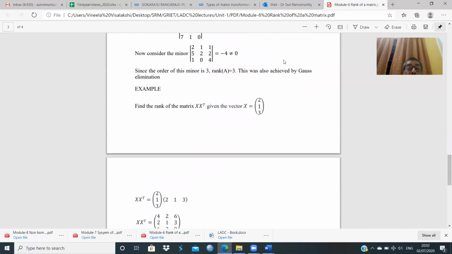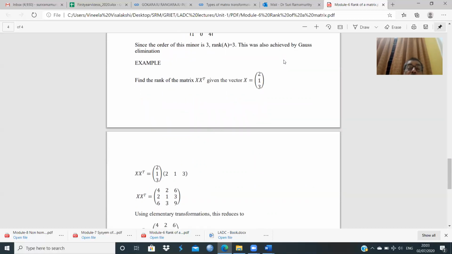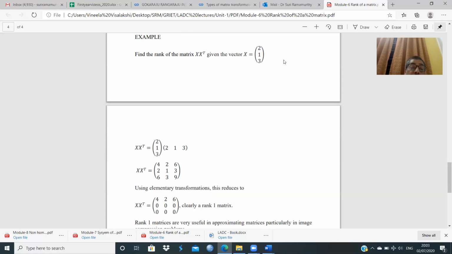Now let us look at this very simple but very important example, which has far-reaching consequences. A vector x is given with components 2, 1, 3. We'd like to find out the rank of the matrix x into x transpose. When you do x into x transpose, we get a 3 by 3 matrix whose elements are 4, 2, 6, 2, 1, 3, 6, 3, 9. If one carefully observes, the second row is obtained by dividing the elements of the first row by 2.